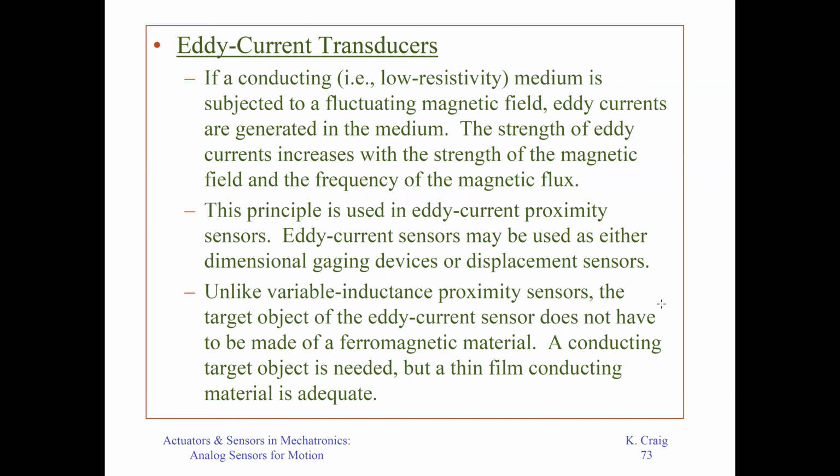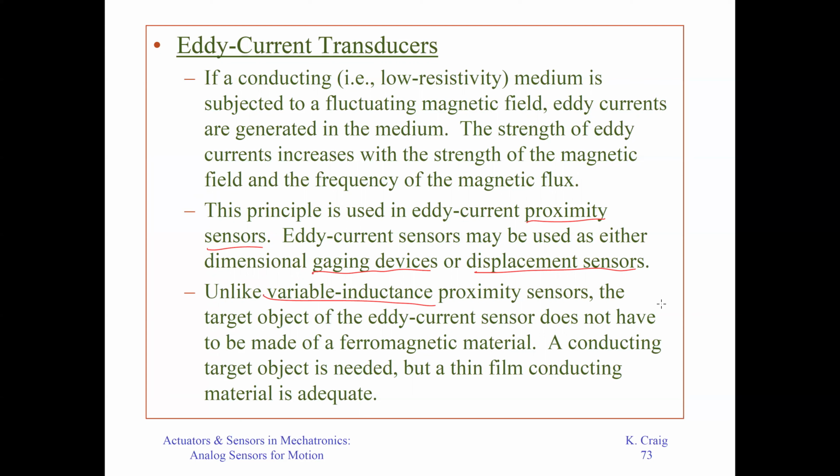Another idea is called the eddy current transducer. This is used mostly in proximate sensors. You can use it in a dimensional gauging device or displacement sensors. It's different, although the same idea is used in the proximity sensor. It's more like a variable inductance.